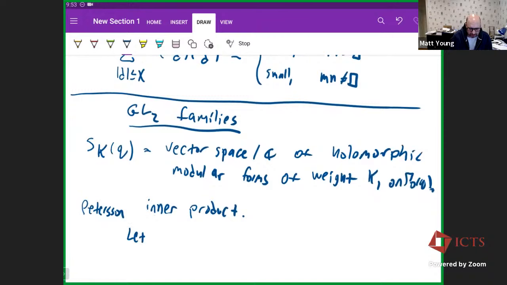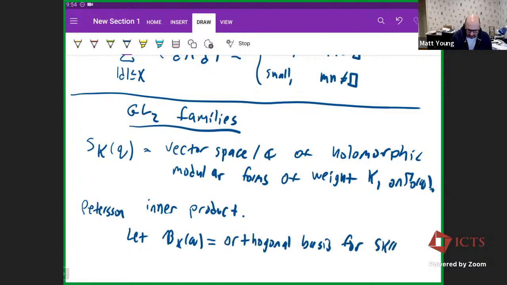So we can let B_k(q) be some collection, some orthonormal basis, or maybe orthogonal basis, for S_k(q).